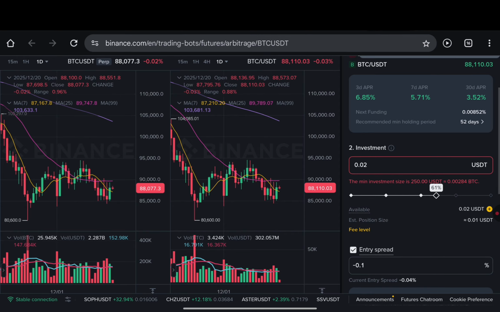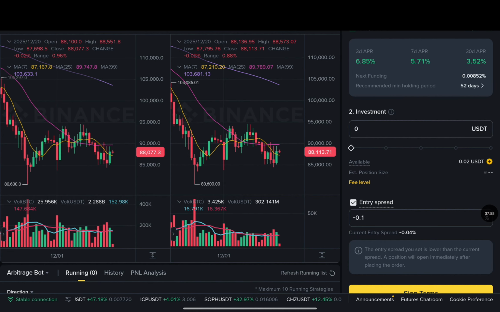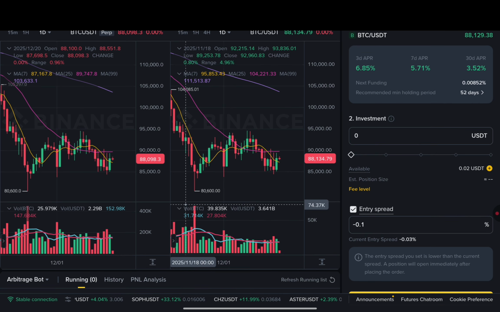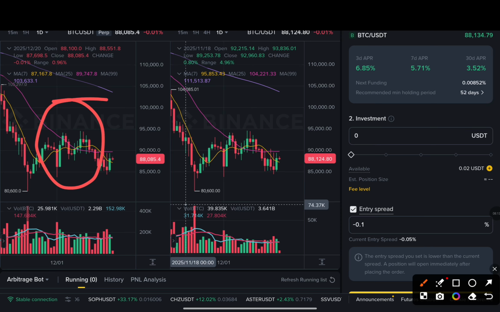Now, with all this in mind, there's something called funding fees, right? Every single time you trade, it depends on the side to which the market price is favorable. For example, what I mean by that is what we have over here. We have the futures market, which is known as the perpetual market.